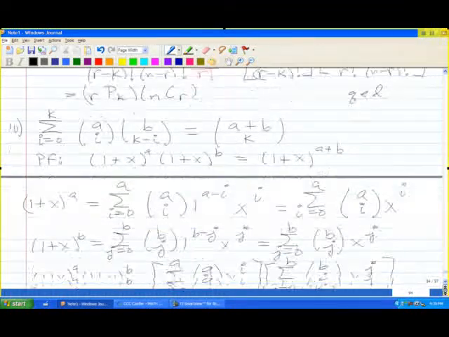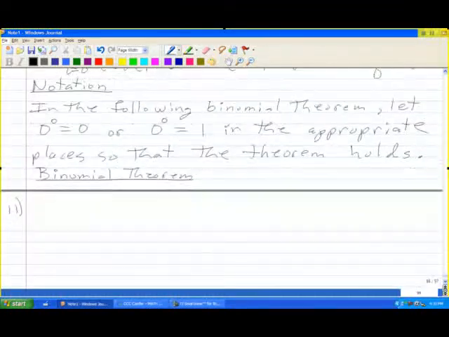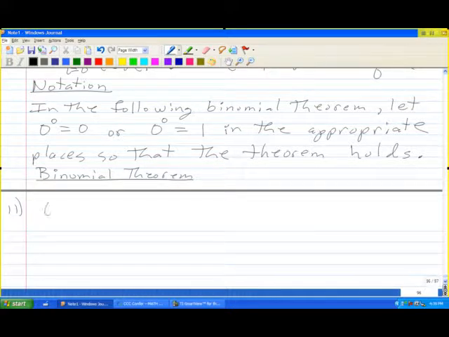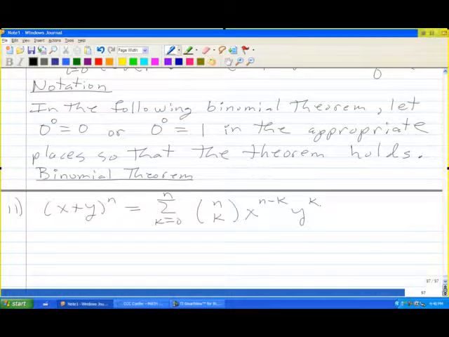This was what, 10? Yeah, so this is the 11th one. And so (x plus y) to the n is the sum k equaling 0 to n of n choose k, x to the n minus k, y to the k.